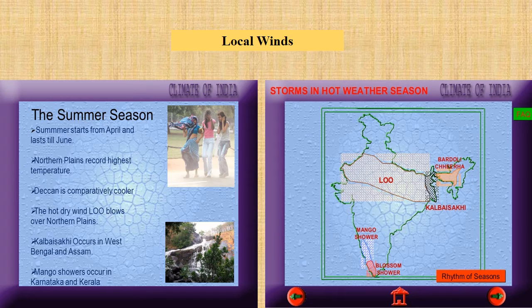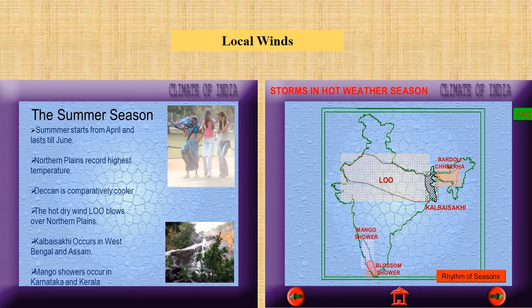Kal Baisakhi and Bardoli Chherha is one and the same. In Assam it is called by that name. So Kal Baisakhi gives rain to Assam and West Bengal. Mango shower gives rain to Karnataka and cherry blossom is very intensive, or we can say it helps in Karnataka and Kerala for coffee cultivation. So this is all about the local winds.